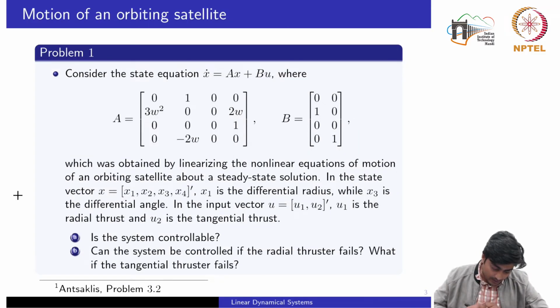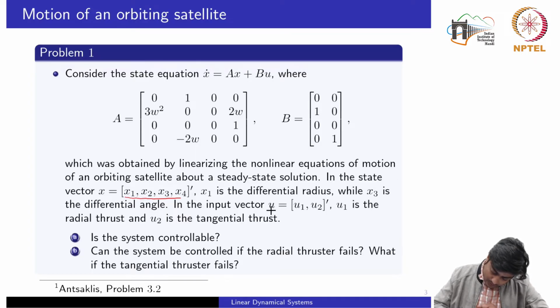So problem 1 deals with, given the matrices A and B in the linear time invariant system, which was obtained by linearizing some nonlinear equations of motion of an orbiting satellite around some steady state solution. 4 states have been identified, x1 to x4, with their physical significance in the nonlinear equations.